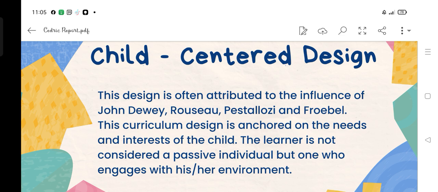Learners actively create and construct meanings and understanding, as viewed by the constructivists. I hope you still remember constructivism. In the child-centered design, learners interact with the teachers and the environment. Thus, there is a collaborative effort on both sides to plan lessons, select content, and do activities together. Learning is a product of the child's interaction with the environment.